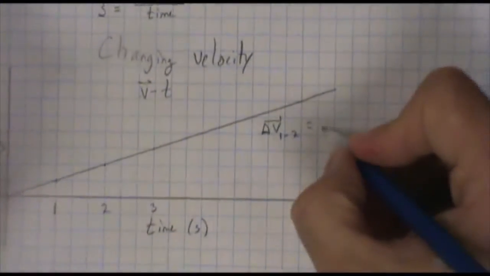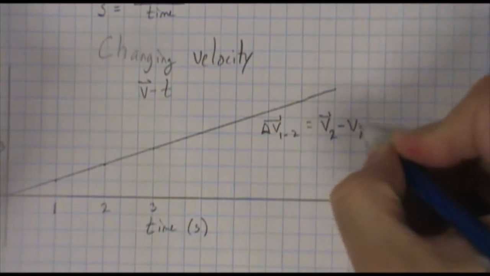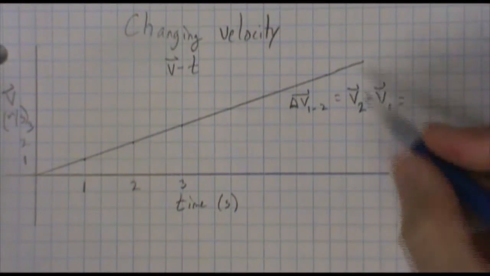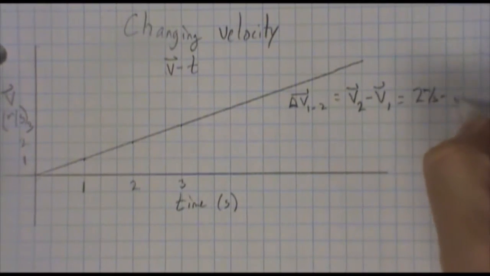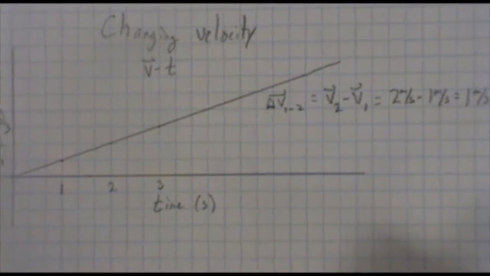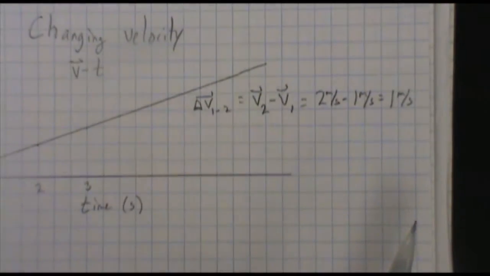All changes are subtraction problems. So we take the second velocity, subtract the first velocity. Looking back at my graph, I can see, okay, at 2 seconds the object was going 2 meters per second. At 1 second it was going 1 meter per second. That is a change of 1 meter per second. The object is going 1 meter per second faster than it was previously.